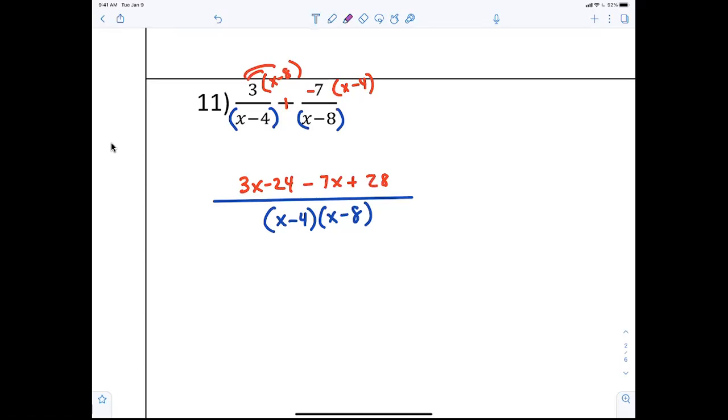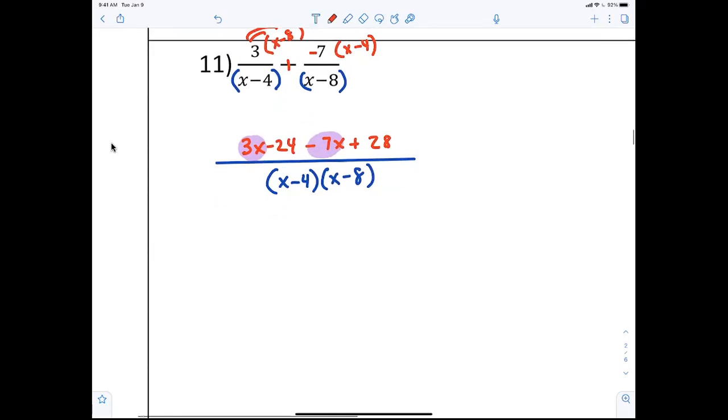And now we can just combine terms. 3 minus 7. Right. -4x plus 4 over x minus 4. Exactly.